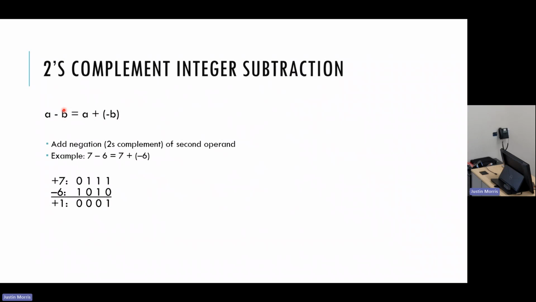So we can reuse the same hardware. So the way that we add this negation is because we have this 2's complement, we can just negate all of the input bits and add a carry in of 1. And that will be the add 1 to do our negation.